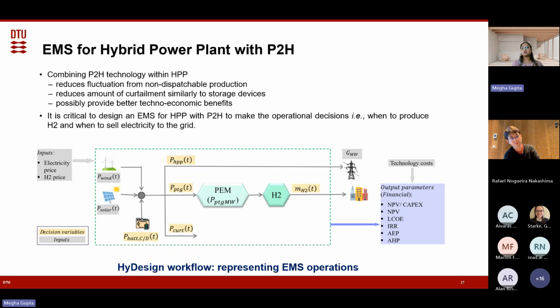When we have a low electricity price period, it is good to produce hydrogen. And if it is a high price time interval, then it's good to discharge the battery also and supply power to the grid. Those kinds of decisions are taken within this EMS, provided that we have given the electricity prices and the hydrogen prices as an input to the whole setup.